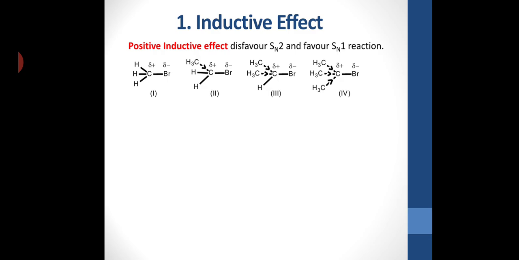That means it can donate bonding electrons and it can make the central carbon atom less positively polarized. Therefore, more number of methyl groups means SN2 attack is disfavored, or in other words, positive inductive effect disfavors SN2 attack.